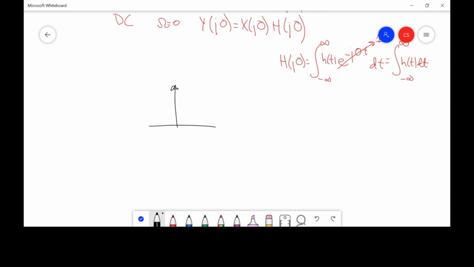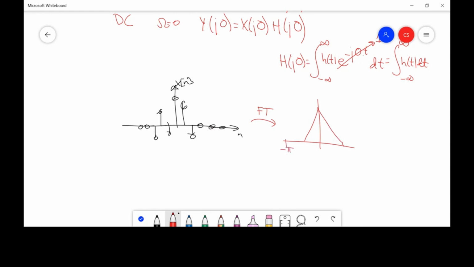You have a signal, x of n, with n here, and this can be whatever and then zero. It doesn't need to be periodic or whatever. So you do the Fourier transform, and now you have something like this.